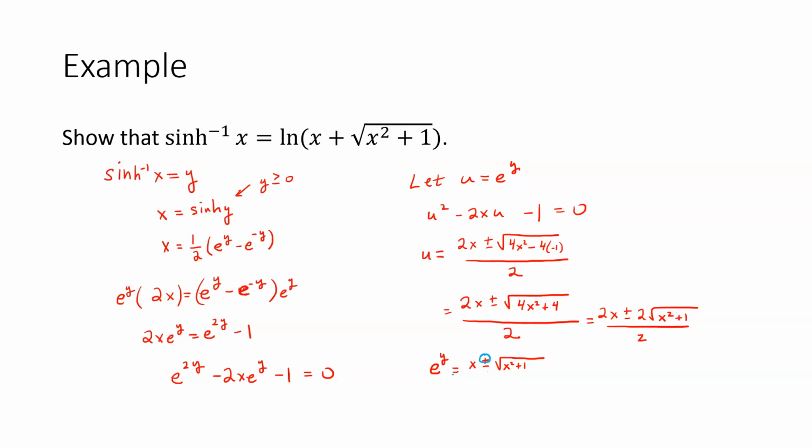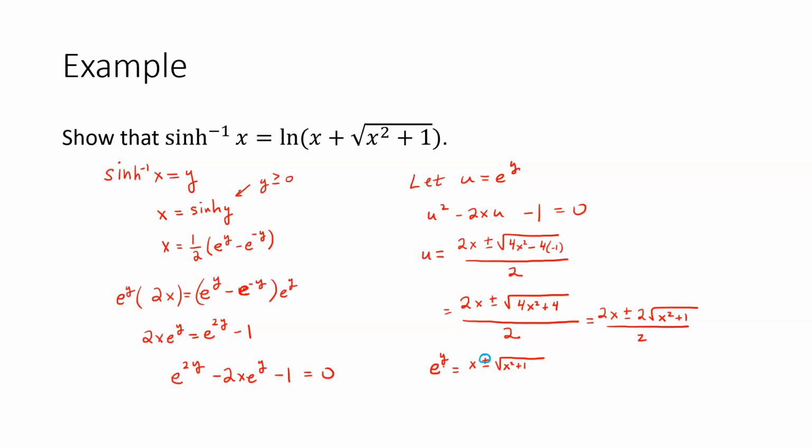So the only way this is going to have a valid solution is if e to the y is a positive value, right? So x plus the square root of x squared plus 1 is going to give us a positive value, whereas on the other hand, x minus the square root of x squared plus 1 could possibly be a negative value. So we don't want to give ourselves that possibility.